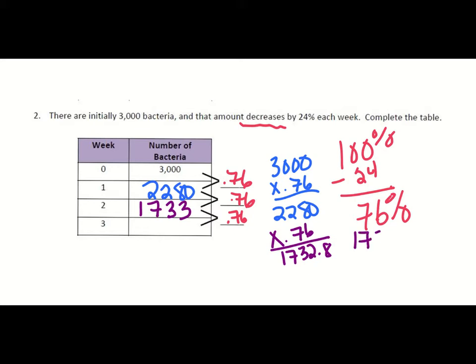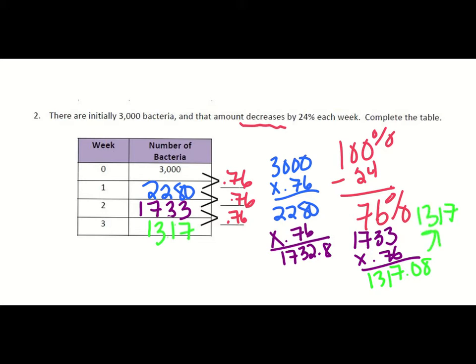So now if I do 1733 times 0.76, that's going to give me 1317.08. So I'll round that to 1317.